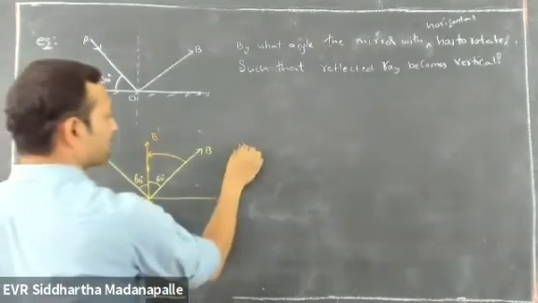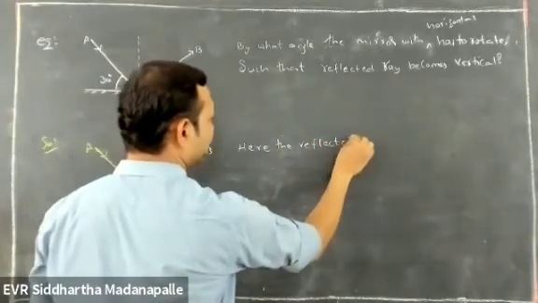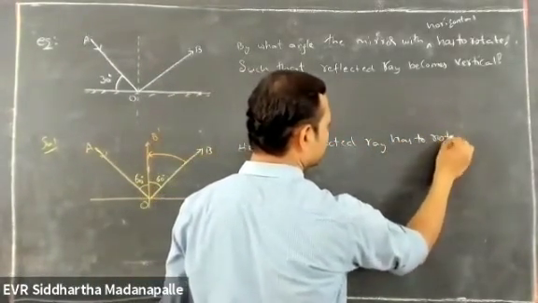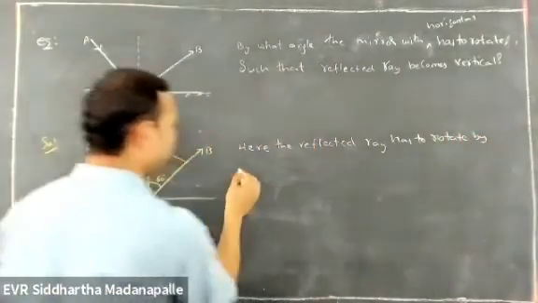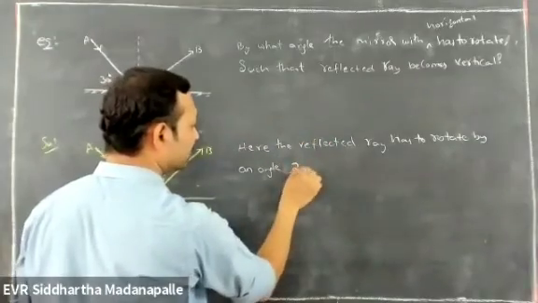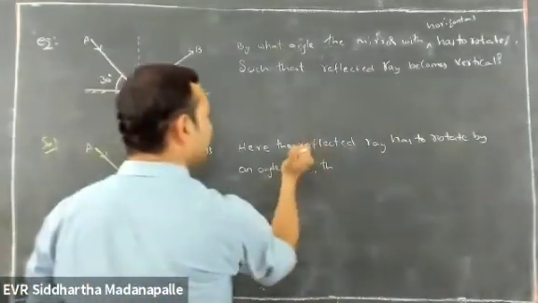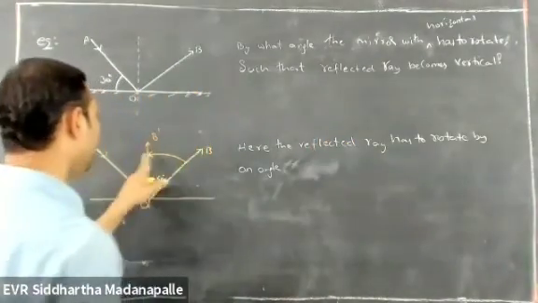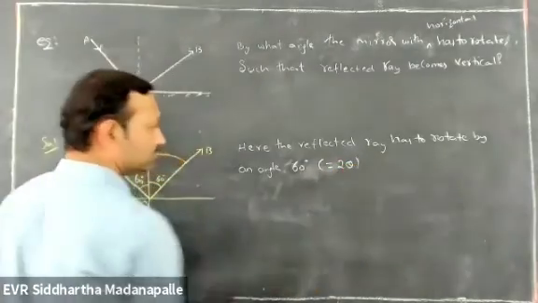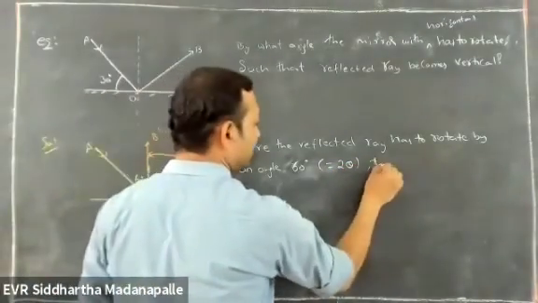Therefore here the reflected ray has to rotate by an angle of 60 degrees, which is equal to 2 theta.